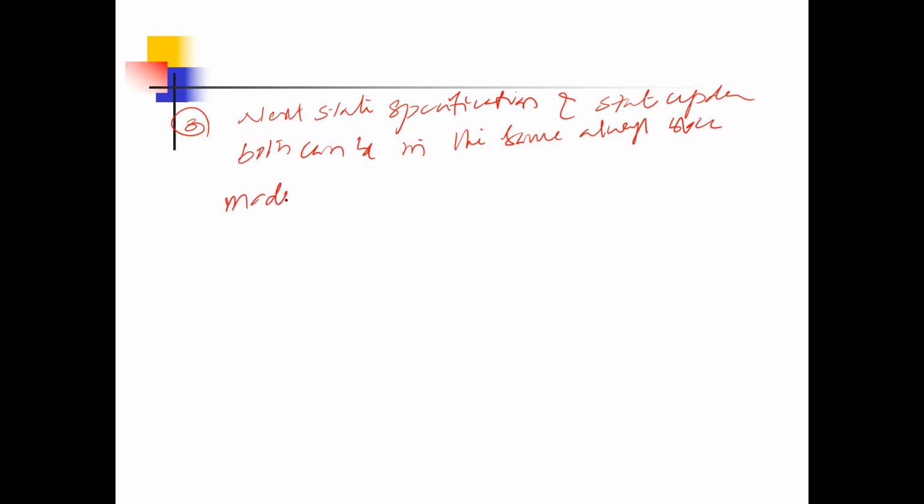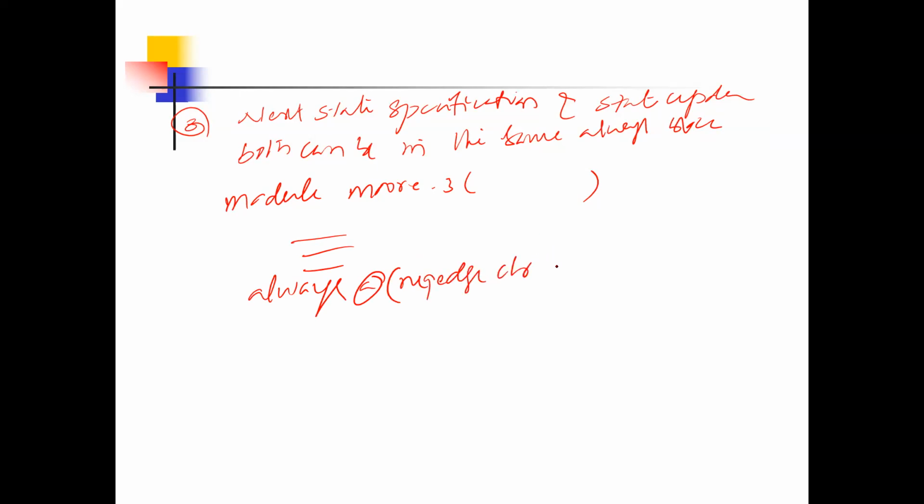Now you can write the same story. Module more_3, everything same, the declarations. Then you write always @(negedge clear or posedge clock). Now I want to write one thing here, that is the state updation.